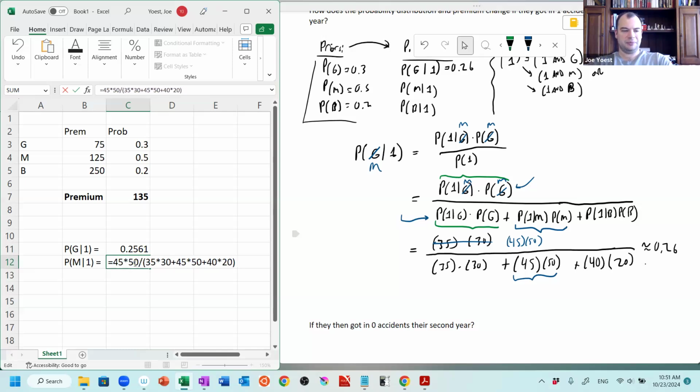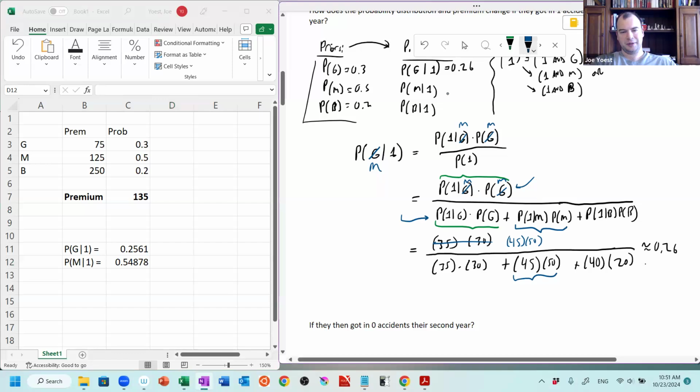That's the one that I'm putting on top. So I put 45 times 50 over that same denominator, or that's about 55%. We'll round to 2 decimal places.